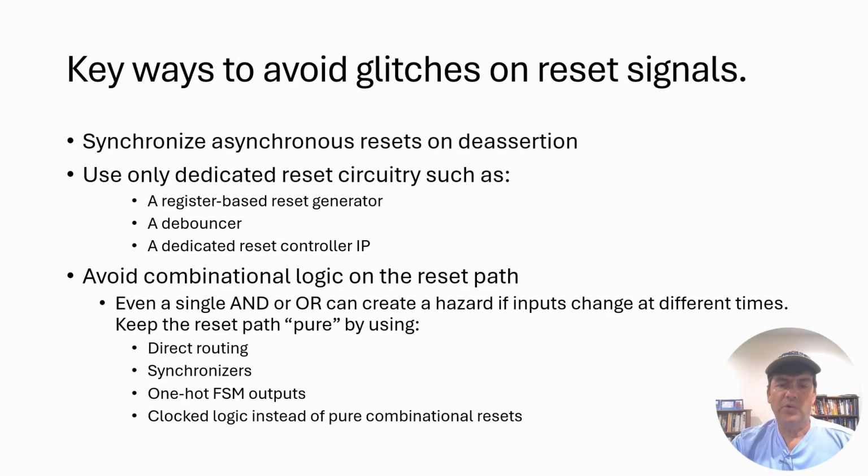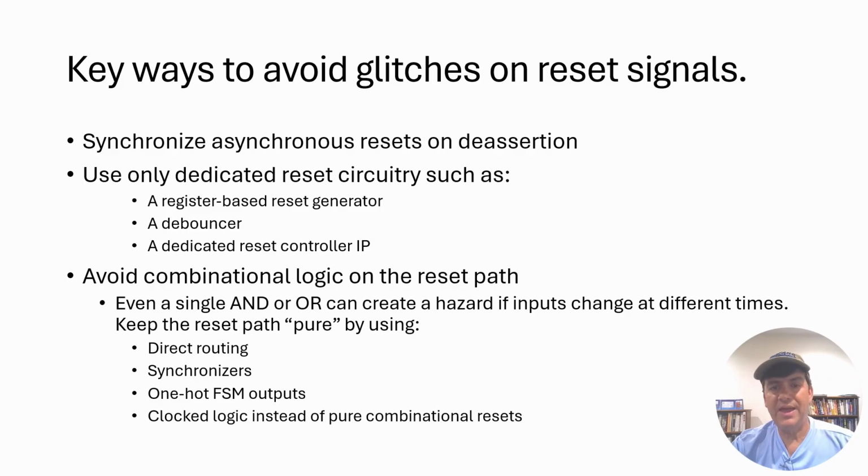Key ways to avoid glitches on reset signals. Number 1, synchronize asynchronous resets on deassertion. Number 2, use only dedicated reset circuitry such as a register-based reset generator, a debouncer, or a dedicated reset controller IP. Number 3, avoid combinatorial logic on the reset path.